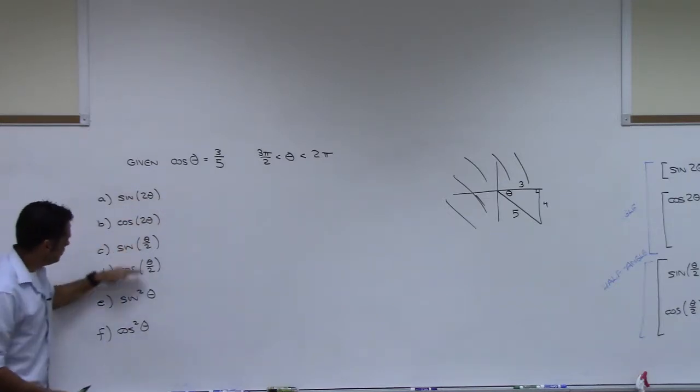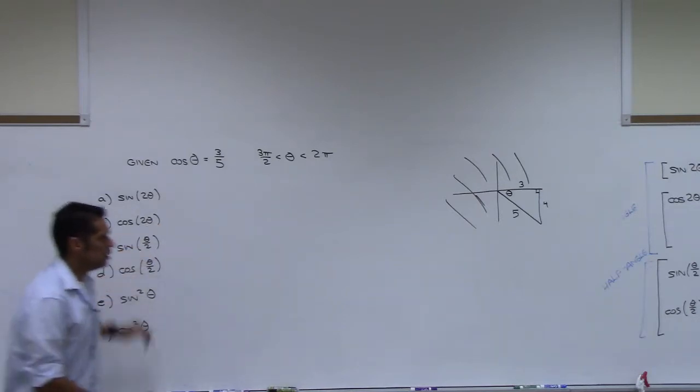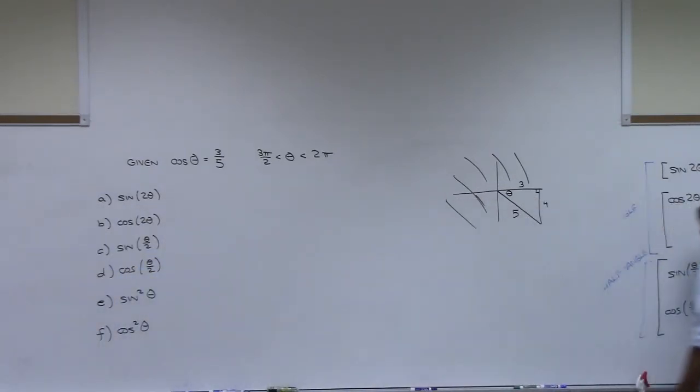How about these two? Would I need the triangle to do these two? No, because in these formulas I only need cosine theta, I don't need sine theta. How about over here?